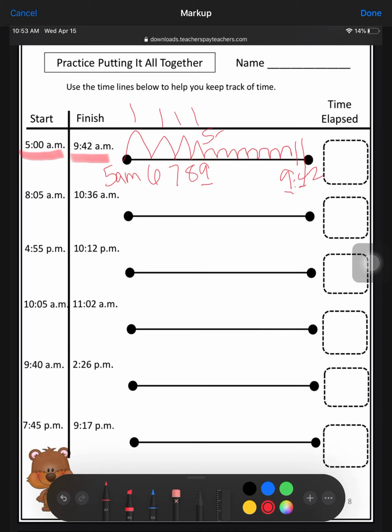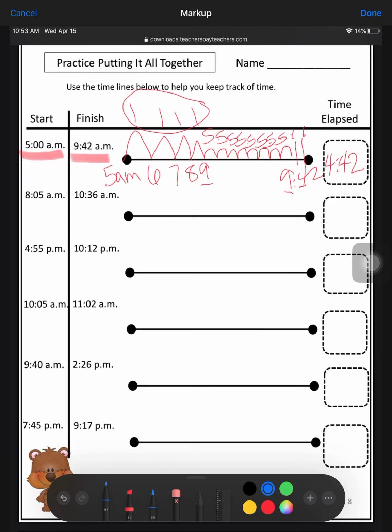I have 5 minutes, 5 minutes, 5, 5, 5, 5. Each molehill is 5, and then each of these is 1. So I have 4 hours, and I have 5, 10, 15, 20, 25, 30, 35, 40 minutes, and I have 41, 42. So the elapsed time is 4 hours and 42 minutes.